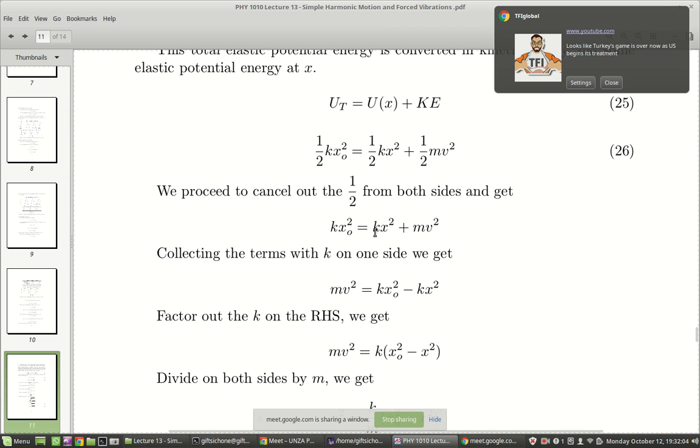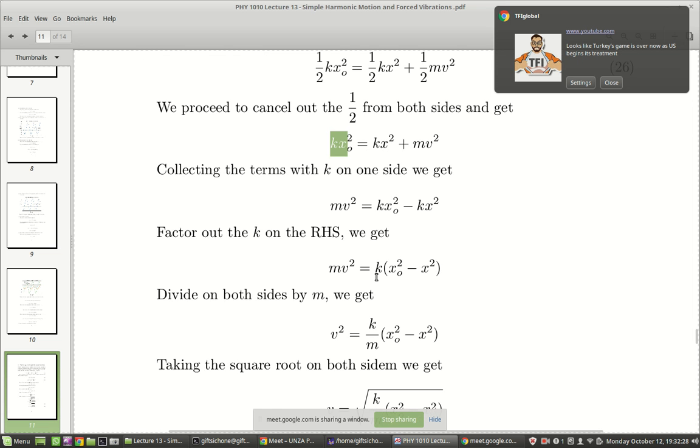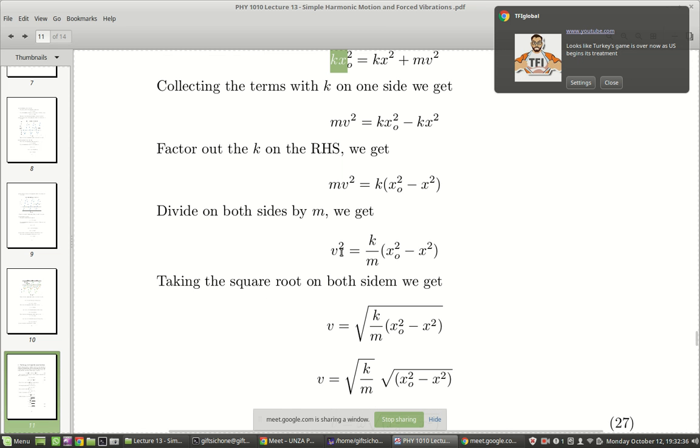You divide both sides by m, and you end up having v squared is equal to k over m times the bracket x naught squared minus x squared. Then you square root on both sides, and you end up having v is equal to the square root of k over m, times the square root of x naught squared minus x squared.